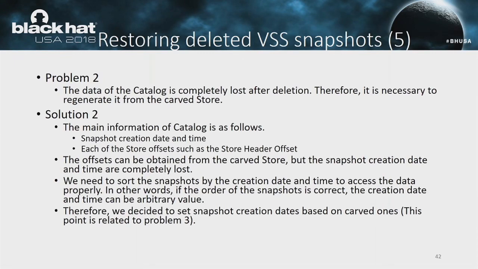The offsets can be obtained from the carved store, but the snapshot creation date and time are completely lost. We needed to sort the snapshots by the creation date and time to access the data properly. In other words, if the order of the snapshots is correct, the creation date and time can be an arbitrary value. Therefore, we decided to set snapshot creation dates based on the carved ones.